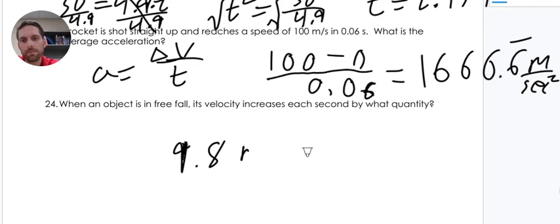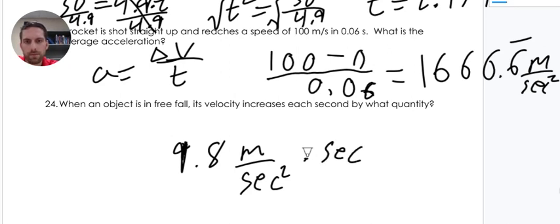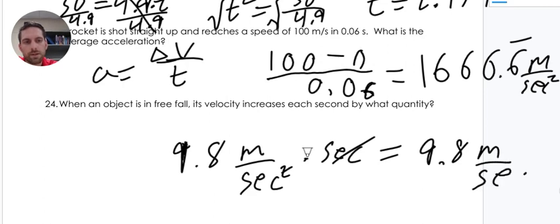And we care about the units now, because we just want to know that if you have something like a speedometer attached to this, the value of g is the speed every second that passes. You're going to increase your speed by 9.8. So that is our answer. All right, that's everything.